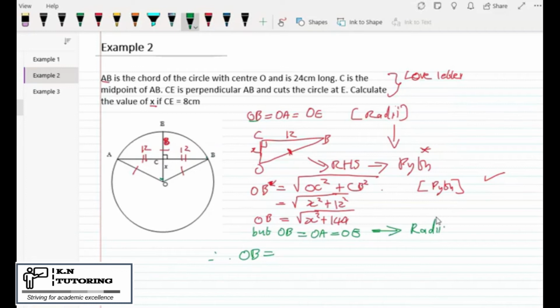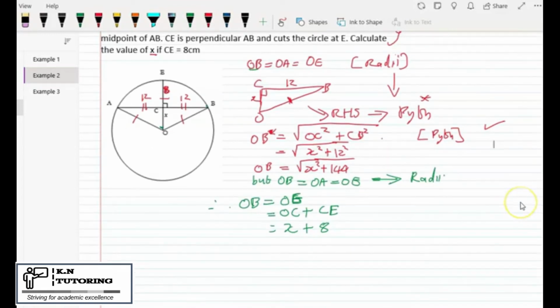And what is OE? OE is equal to OC plus CE. Therefore, I can substitute. Where I see OB, OC is x, CE is 8 units.